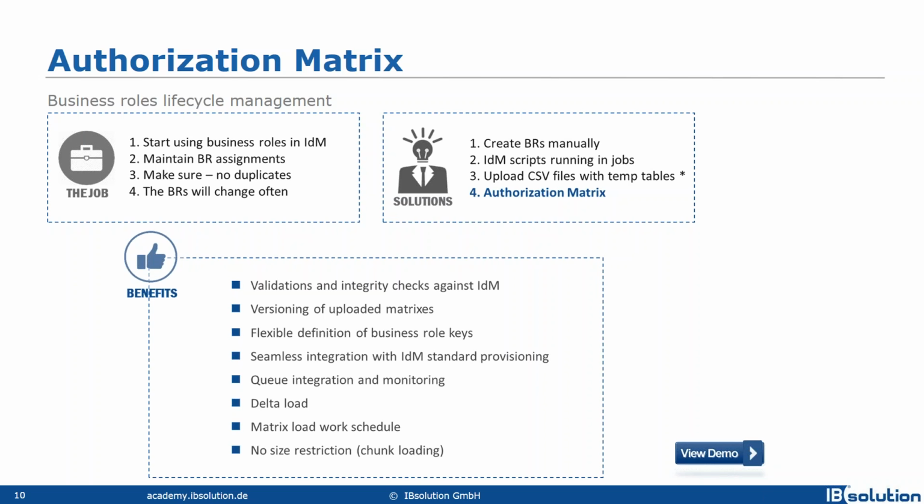There is a flexible definition of the business role keys, and for those of you who are not familiar with the business role concept, I will briefly explain the idea of the business role key. You can decide that any of the parameters that a certain person has in their master data in identity management is a business role key.